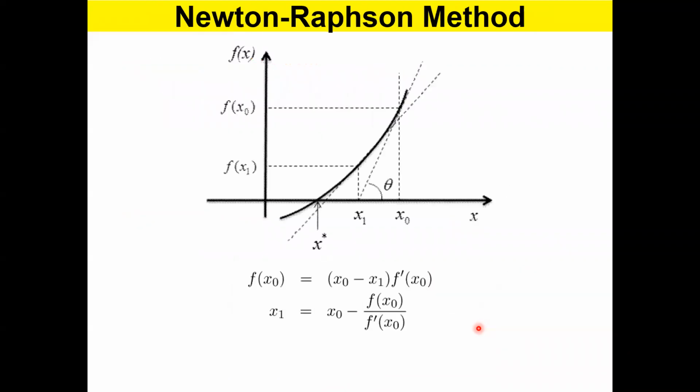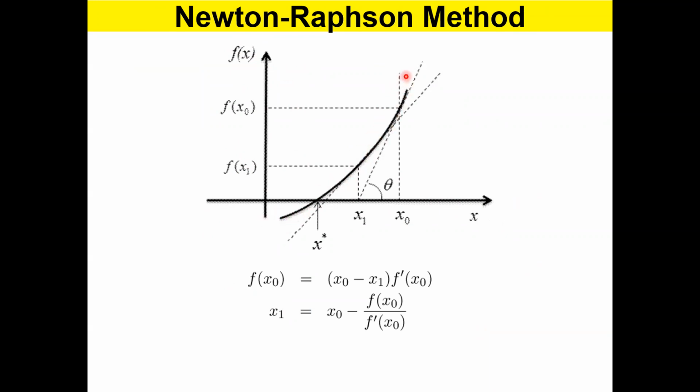Now, what is Newton-Raphson method? You have done this at some point in engineering mathematics. This is a function of x, fx. This is x, fx. Let's say it's a concave function like this.